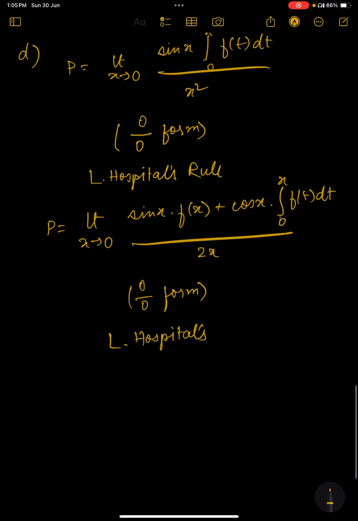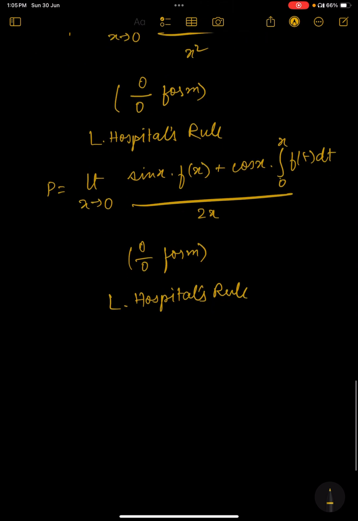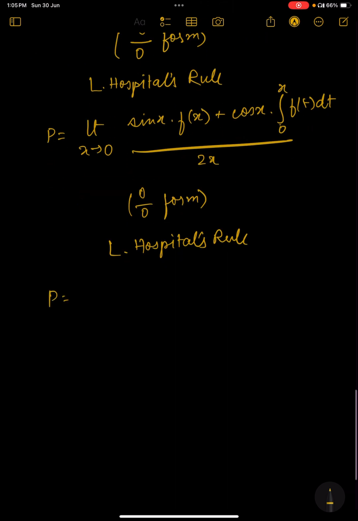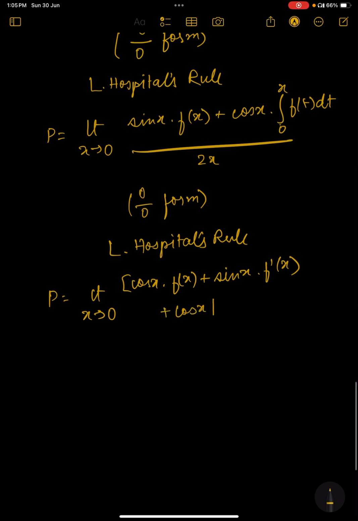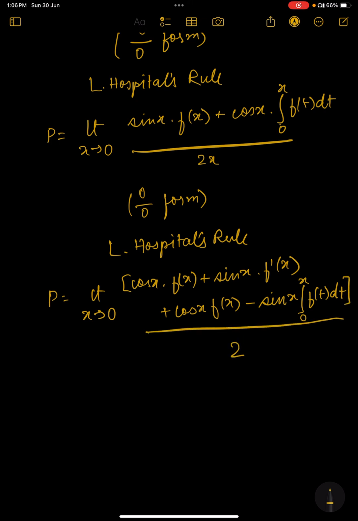So we can apply the L'Hospital's rule again to it, and what we now see is that P is equal to limit x tends to 0 of cos x f(x) plus sin x f dash x plus cos x f(x) minus sin x integral over 0 to x f(t) dt in the numerator, and in the denominator we have 2.